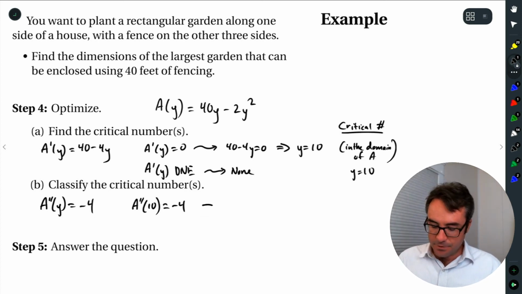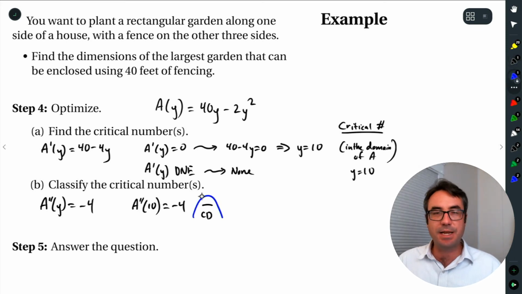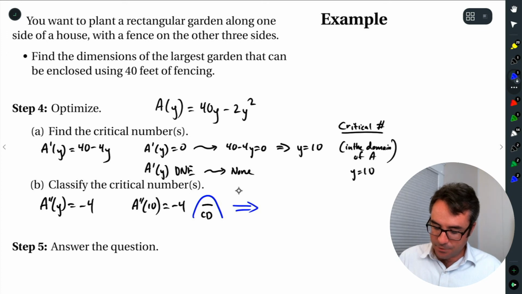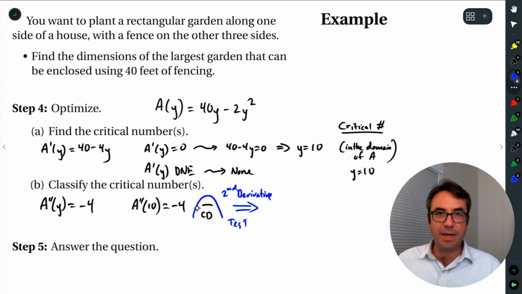So negative means concave down. Draw in the concave down shape just to help remember what the second derivative test actually says. And so what this is telling us by the second derivative test, if we draw in the shape, it looks like we have a max.